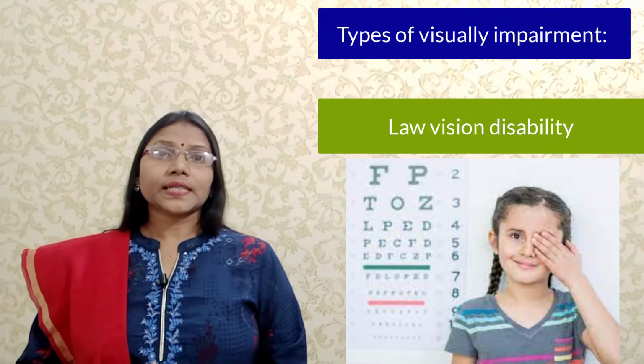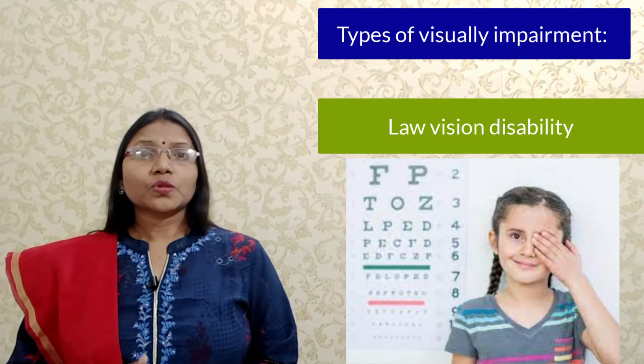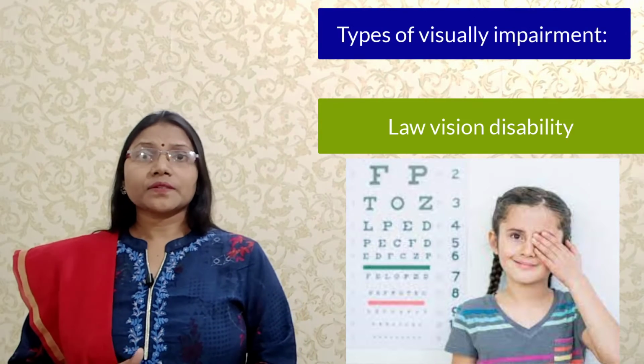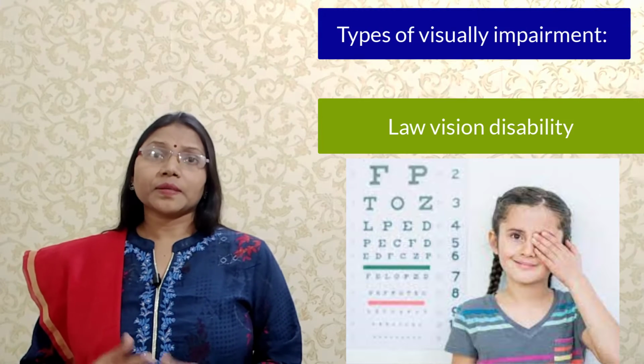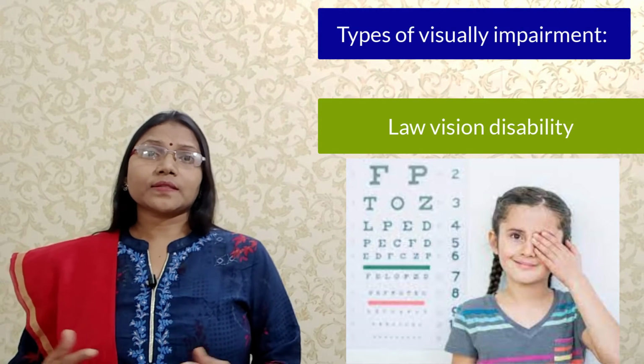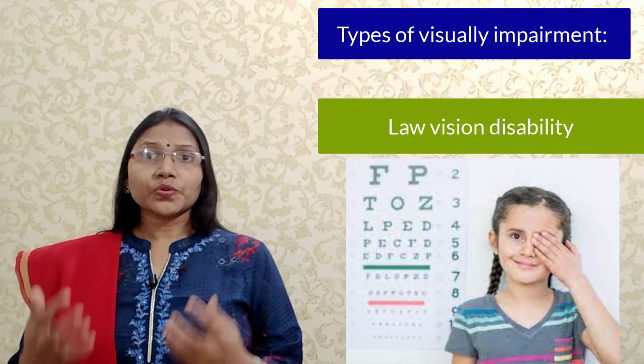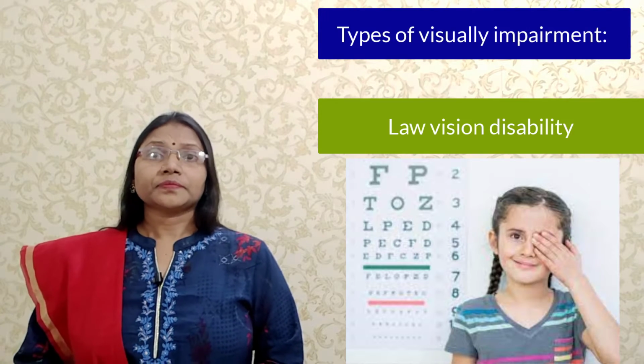Visual disability characterized as low vision generally refers to moderate to severe visual impairment, not necessarily limited to distance vision.